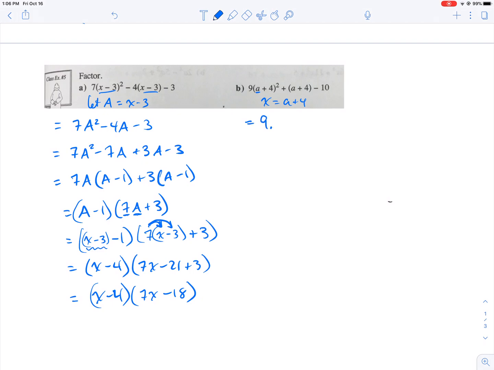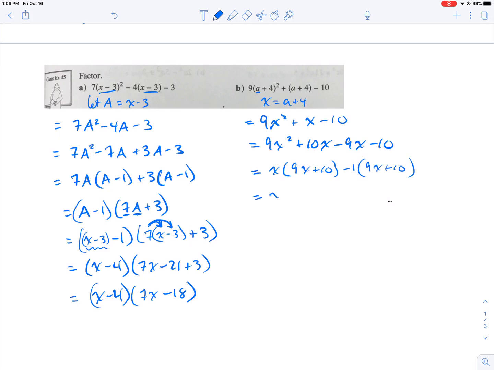So let's say 9x squared plus x minus 10, and this is another decomposition problem, so negative 90 and plus 1, so I'm going to say 9x squared plus 10x minus 9x minus 10, so I have x, 9x plus 10, minus 1, 9x plus 10, x minus 1, 9x plus 10, and then we have to replace that back, we have to put that back in with a plus 4.